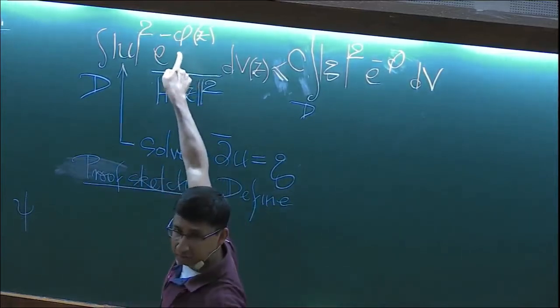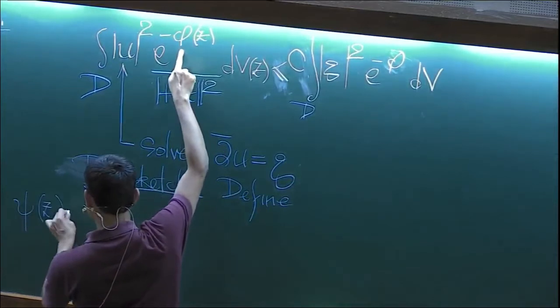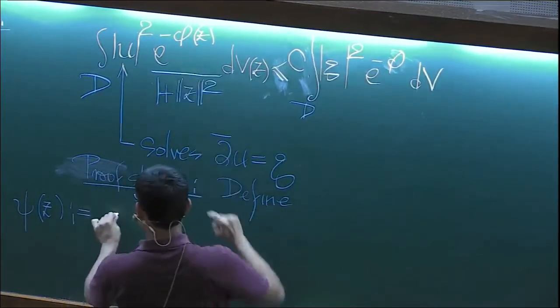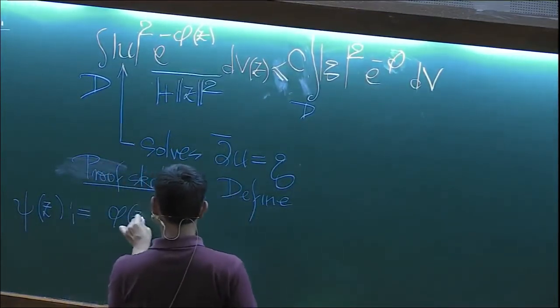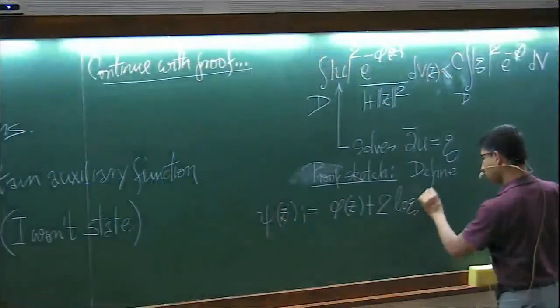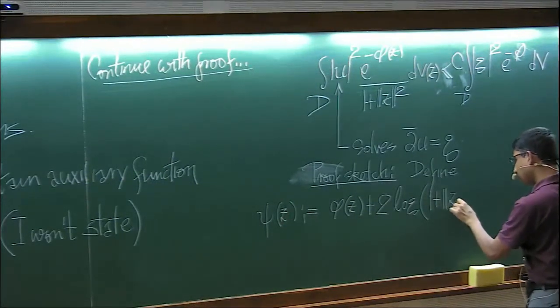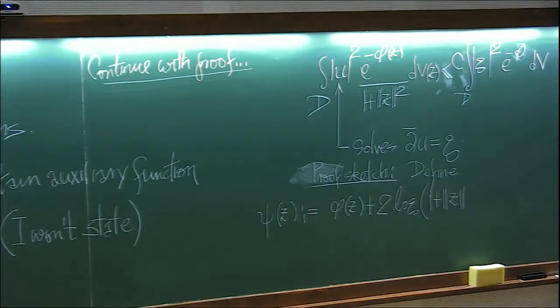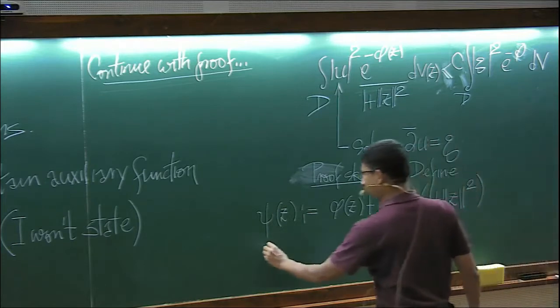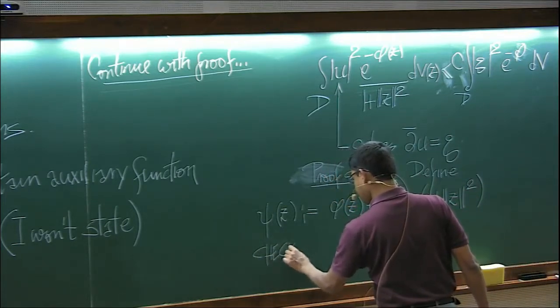I'm given this plurisubharmonic function phi, so I define psi to be the phi that you've been given plus 2 times log of (1 + |z|^2). And then what we do is compute the Hessian. That's a computation that everyone can do; I'll just leave you to check.